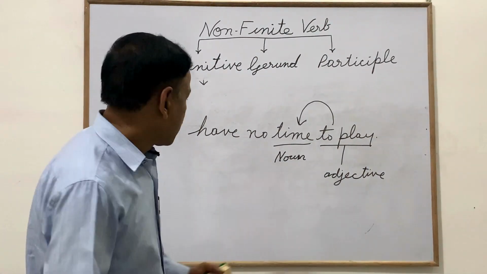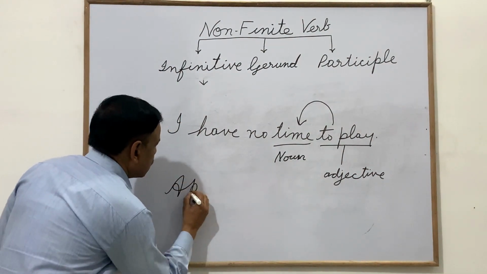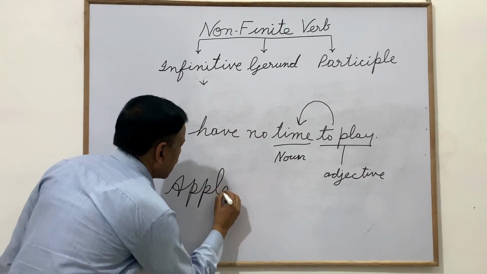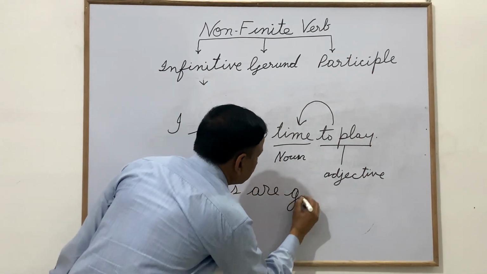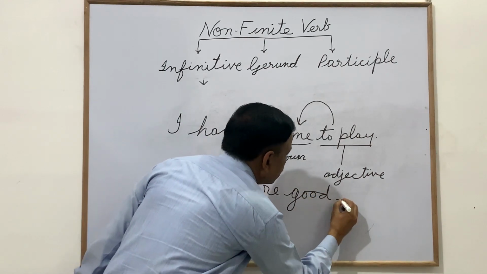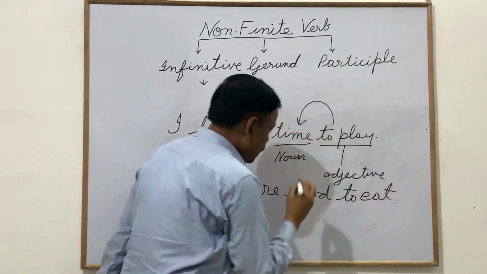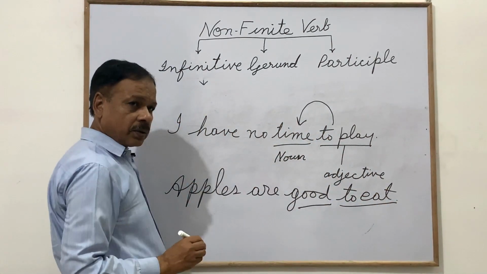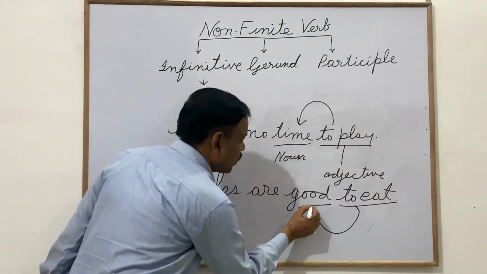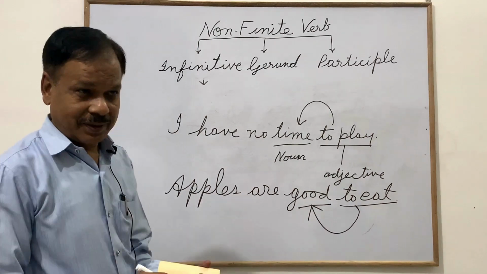Now, suppose I say, "Apples are good to eat." Now here, to eat, and this is what? Good. Here this to eat is qualifying an adjective, good.